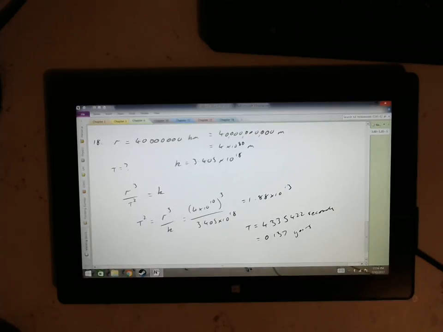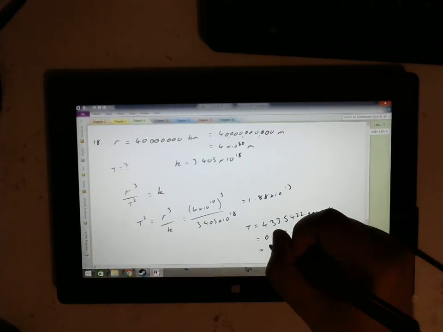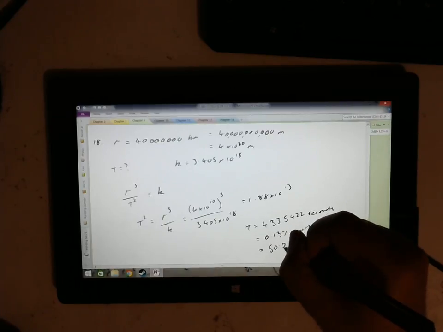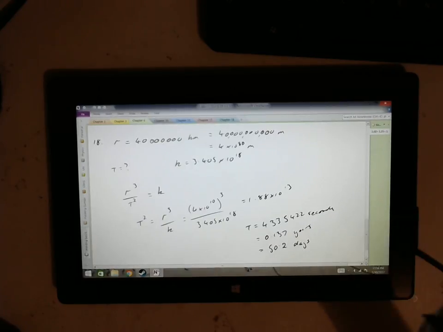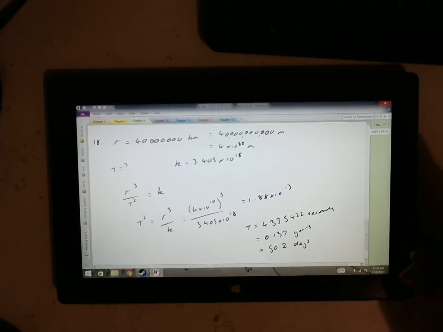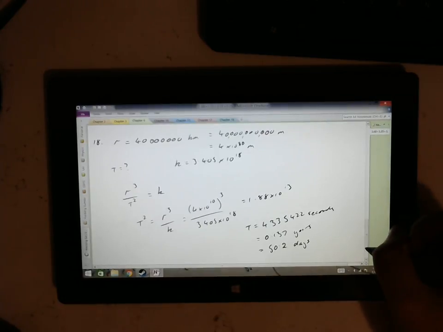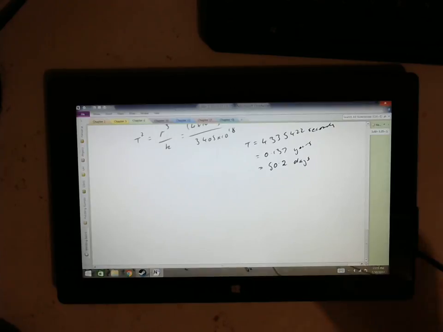Again, not really great in terms of what that is. So I'm going to multiply that by 365, get it back into days, and that equals 50.2 days. So a little bit over a month and a half. So that's now reasonable for us to wrap our heads around. So that's half a term pretty much.